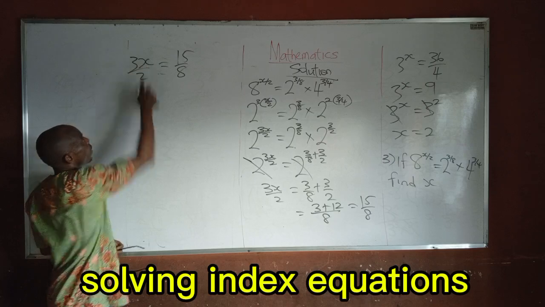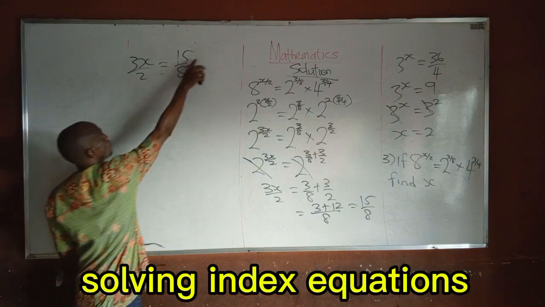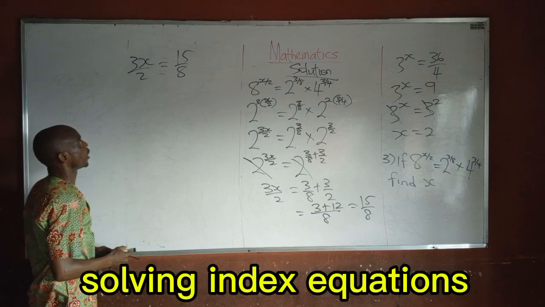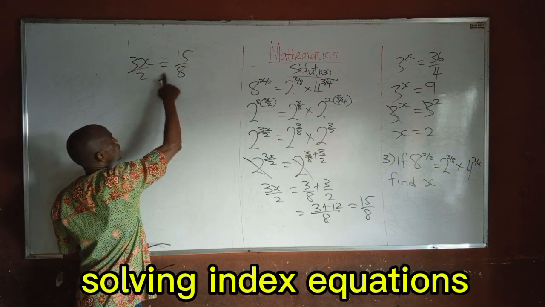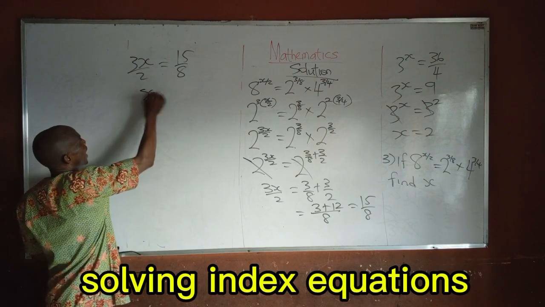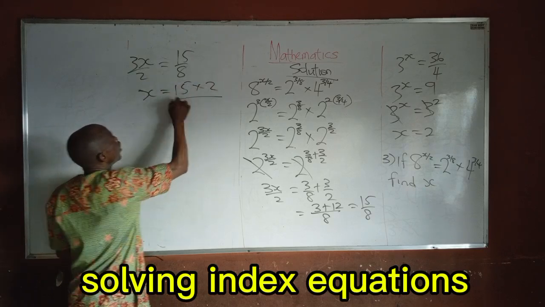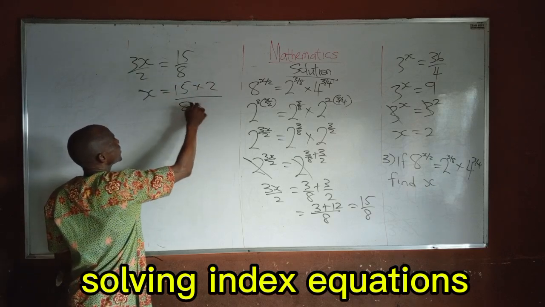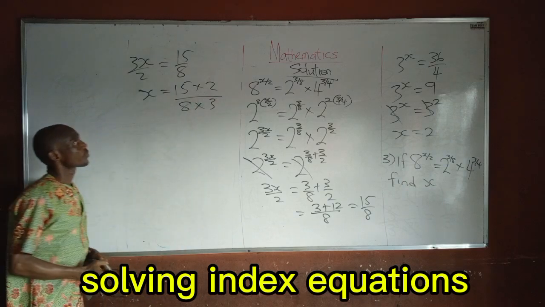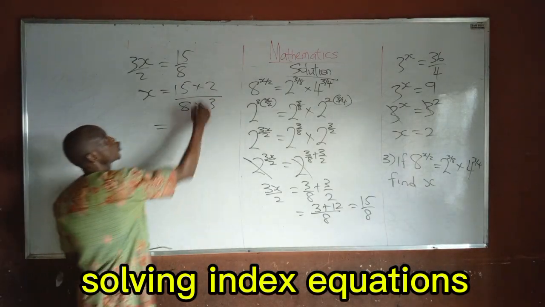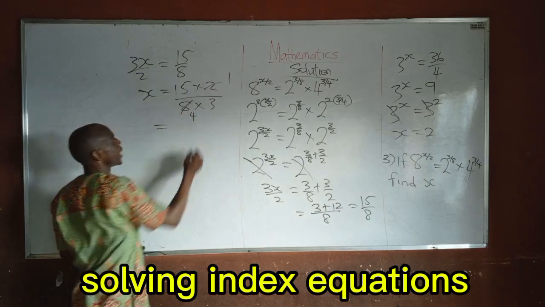Let's look for the value of our x. We cross multiply the values. Our 2 will go up to multiply 15, and 3 will come down to multiply 8. So our x is equal to 15 times 2 all over 8 times 3. 2 will cancel 8 and give 4.